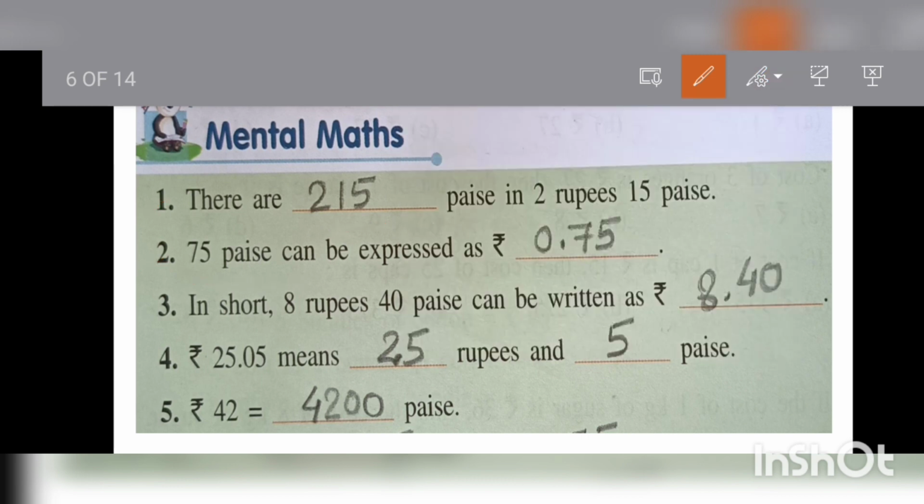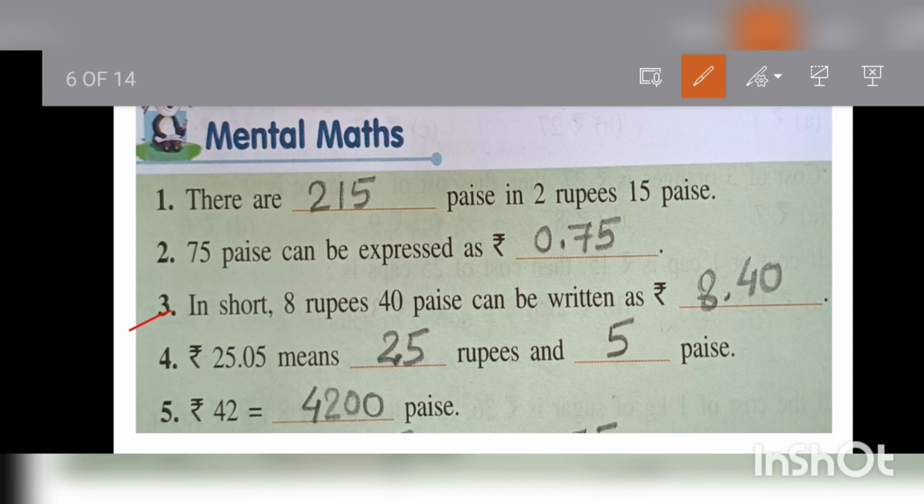Okay, understood? Now see question number 3. In short, 8 rupees 40 paise can be written as... So we learned one thing, that the numerals to the left of the dot show rupees and the numerals to the right of the dot show paise.